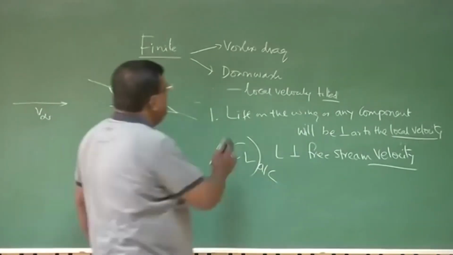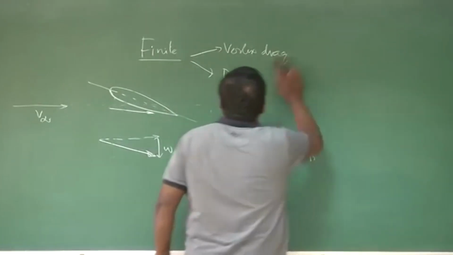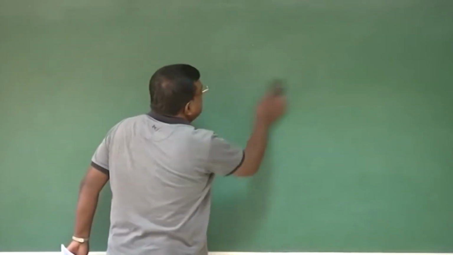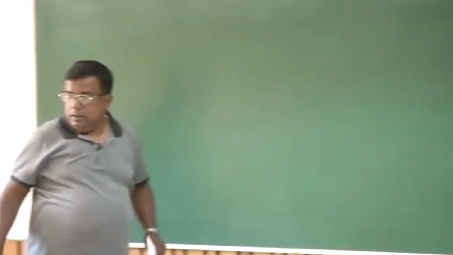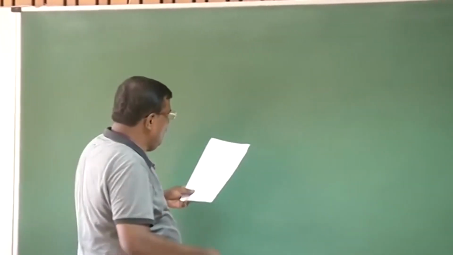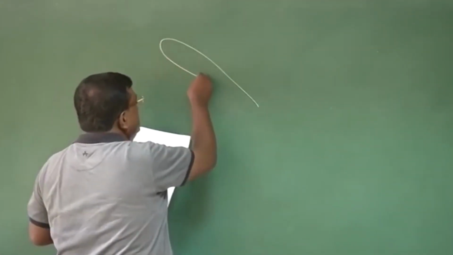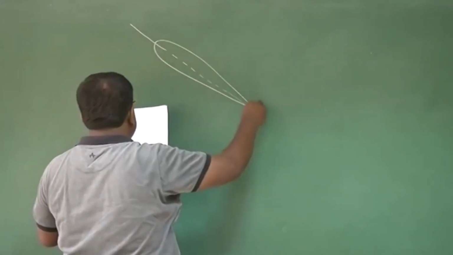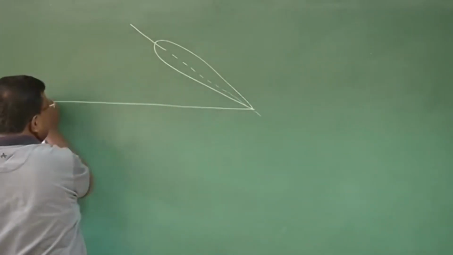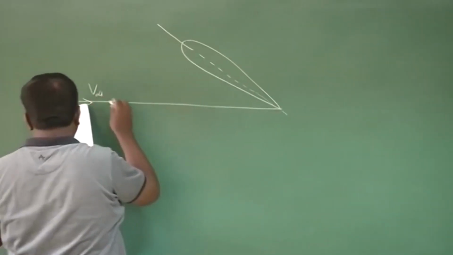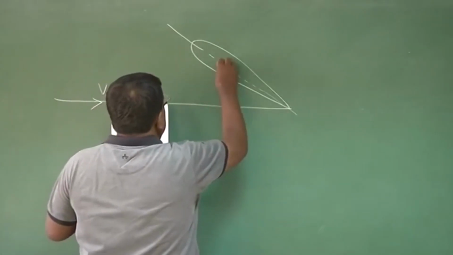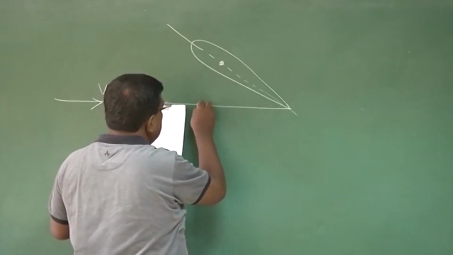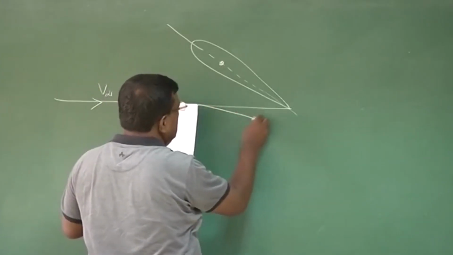So let us use this understanding and try to get an approximate expression for the induced drag. Let's say this is the lift of the wing, and this is your free stream velocity direction. And because of downwash, this direction has changed, the local velocity, V local.